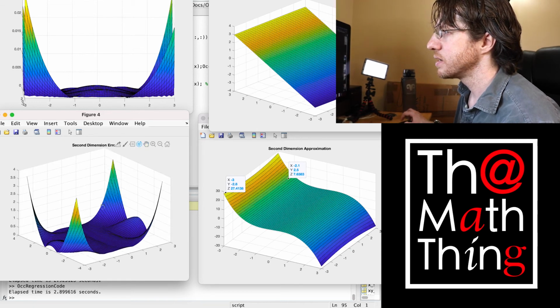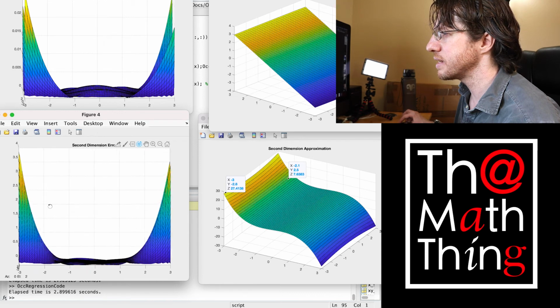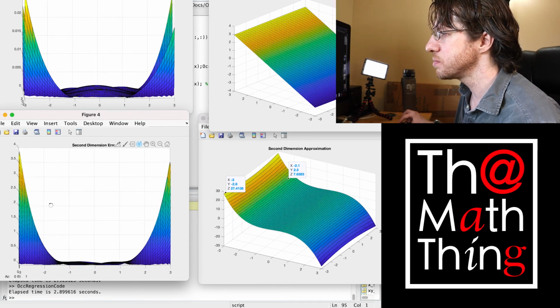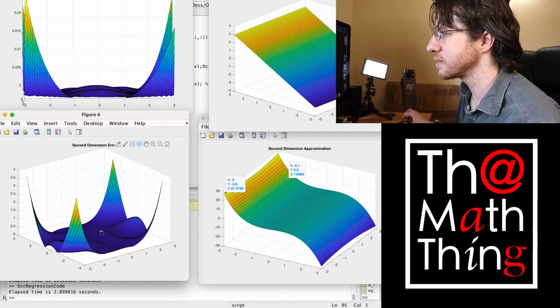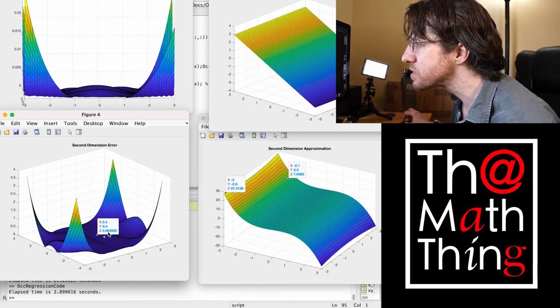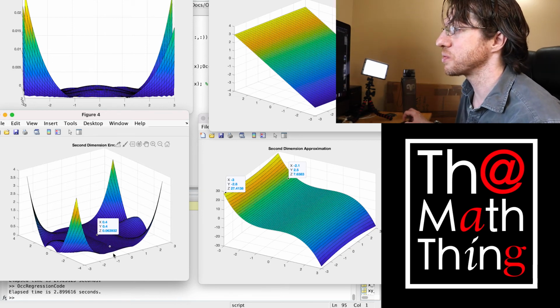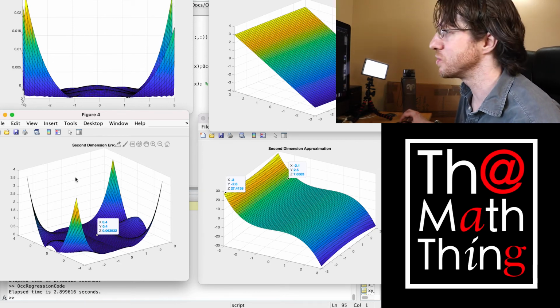There we go. This one is not quite as good, but it's still really, really good. It's going to be like 1 over 20 or something like that. Let's see, yeah, 0.06 right there in the middle. That's a really good approximation with only a few seconds.